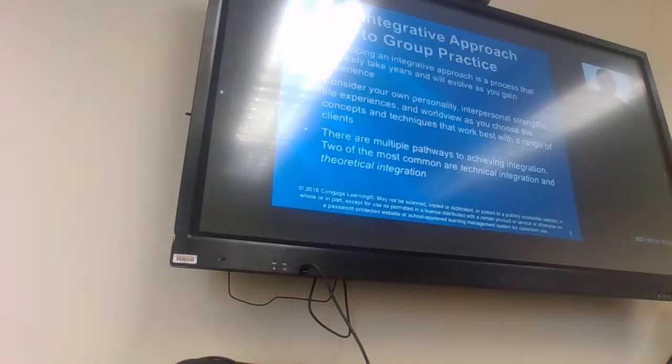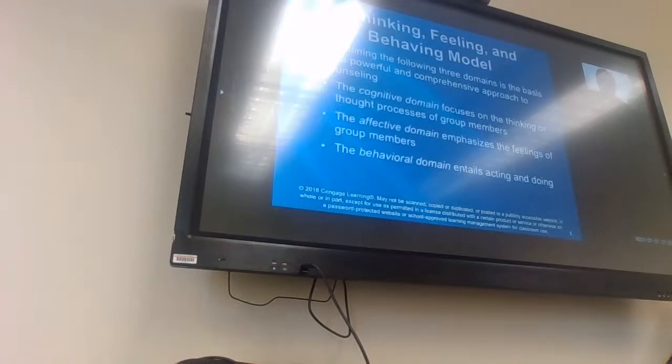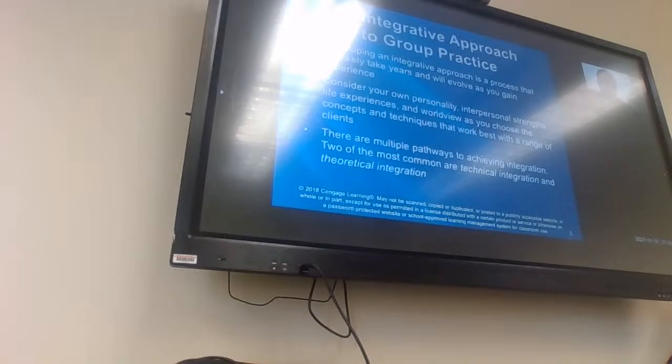Now, there are different ways to achieve integration. There's technical integration, and then there's theoretical integration. And I'm going to define both of these. Technical integration is basically taking techniques from each orientation or theoretical model, but not coming to a holistic theoretical orientation, right?